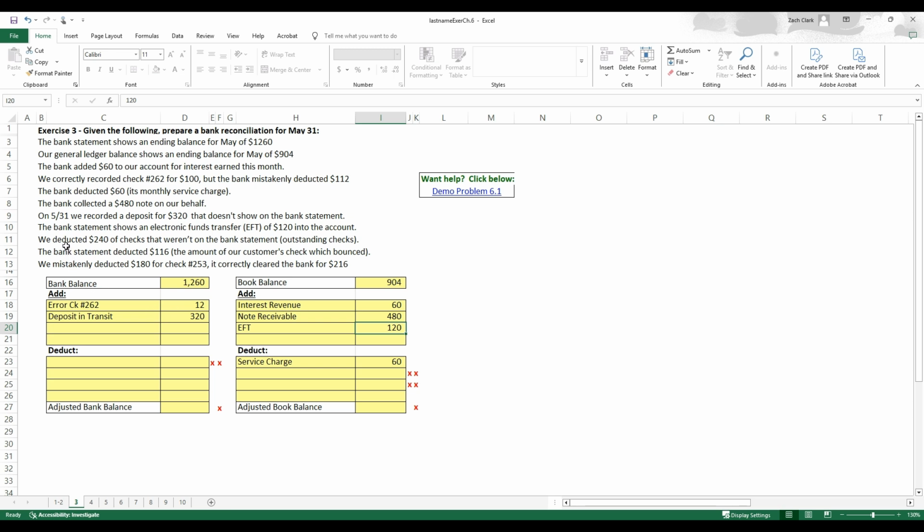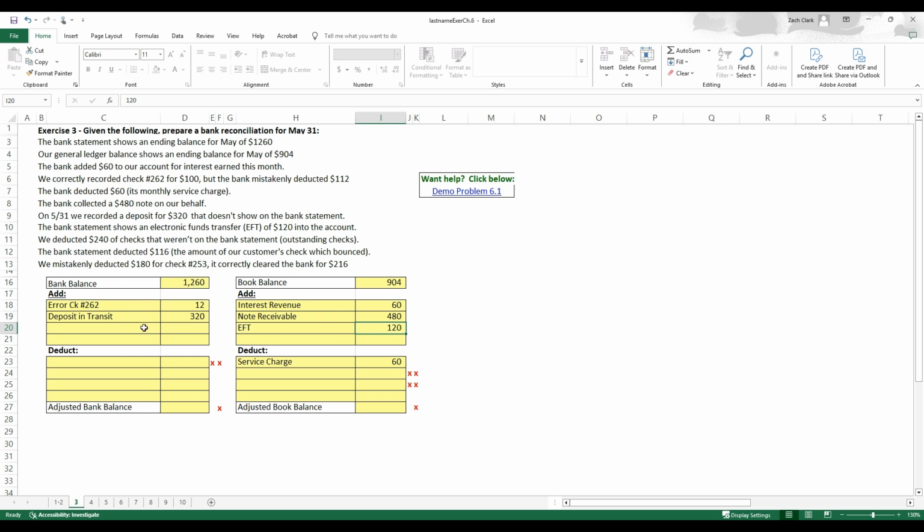Basically, we deducted $240 of checks that weren't on the bank statement. So these are outstanding checks, so they are reduced here in our book balance, our accounting records, but they're still not yet cashed by the recipients of the checks.